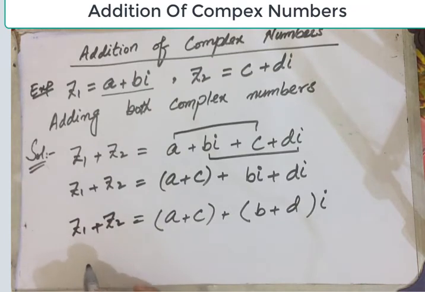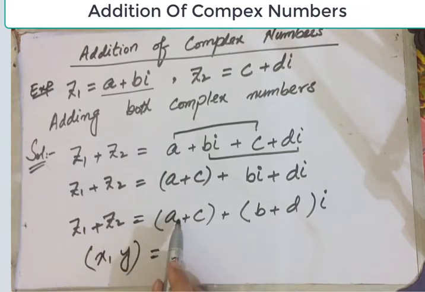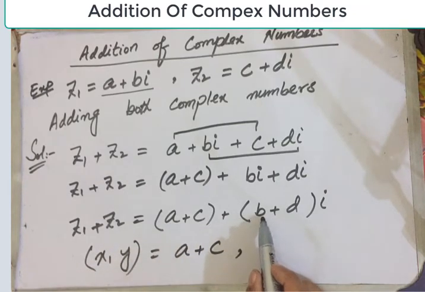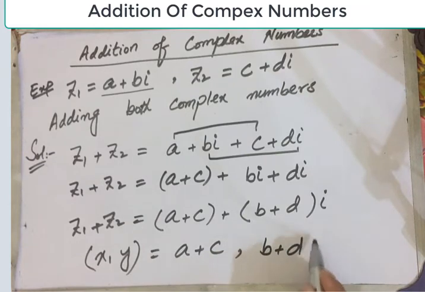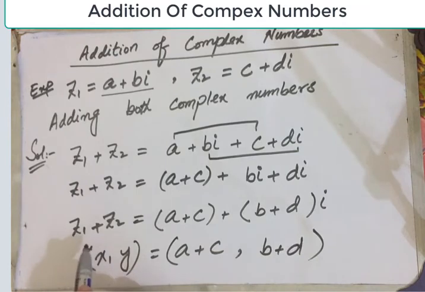We can also write in this form, in the polar form, x comma y, where the value of x is a plus c, comma the value of y is b plus d, which is the imaginary part. So we will use this method for addition of complex numbers.